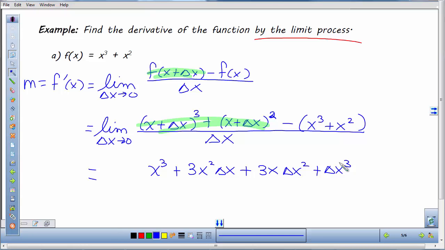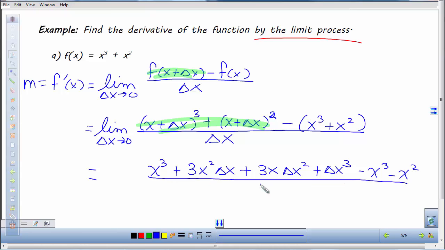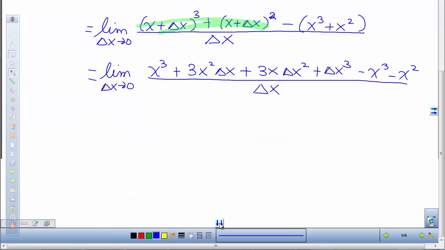Okay, and that's going to be minus x cubed minus x squared all over delta x, and we still need our limit notation. Okay, so I start to cancel things out. Our x cubes cancel out. I left something out.